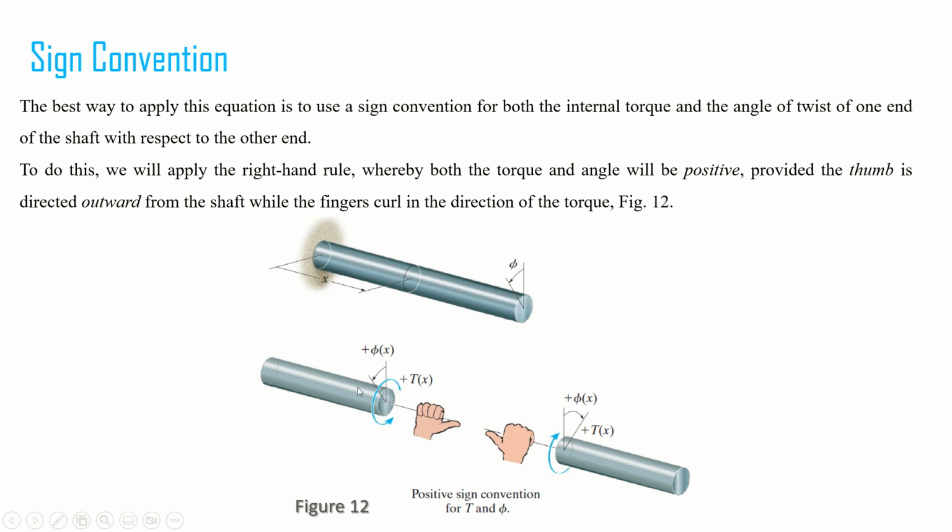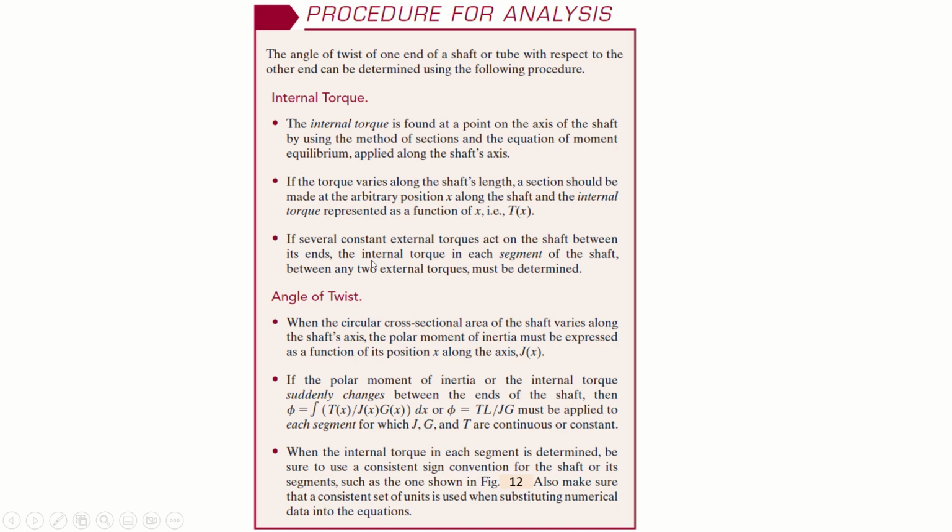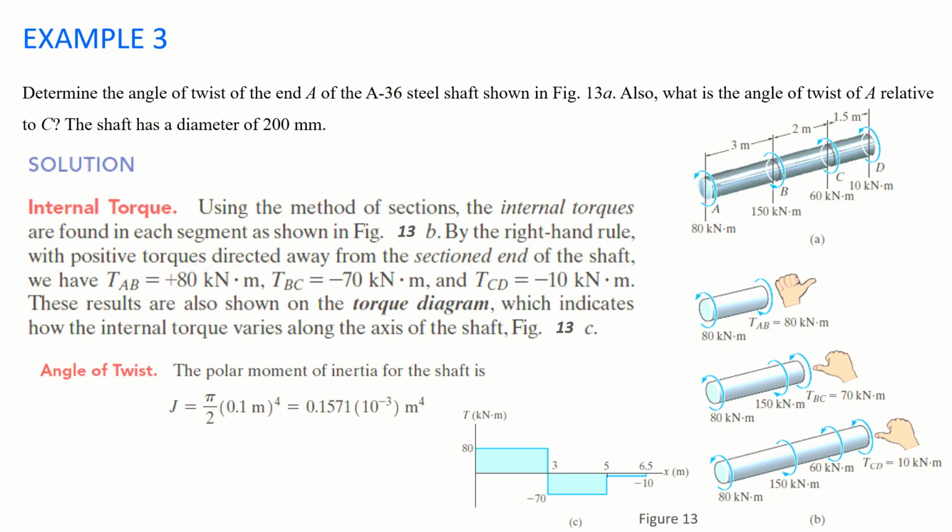And vice versa. For this segment, the away direction of the thumb is this, and the torque is in the direction of the fingers, right? So these are the positive directions of the torque. If it's opposite, for example if the thumb points towards the segment, then the torque will be negative in the section, right? So this is the procedure, you can go through it for your information and knowledge.